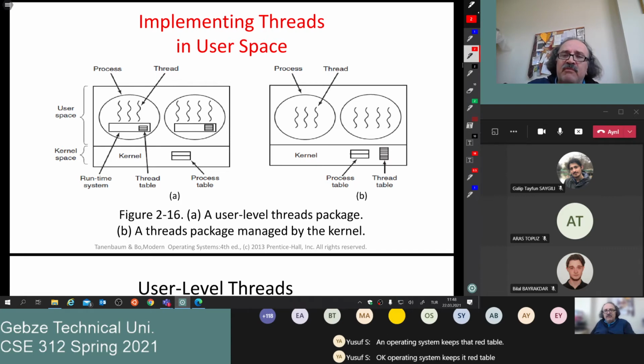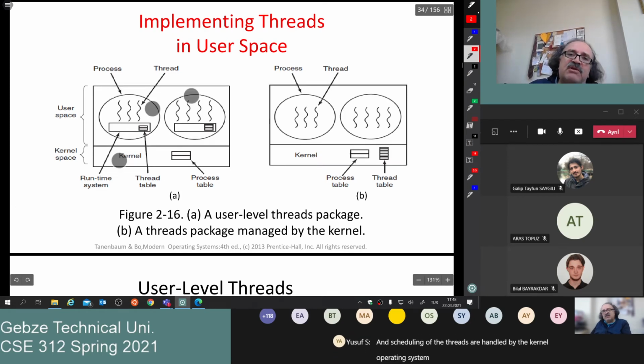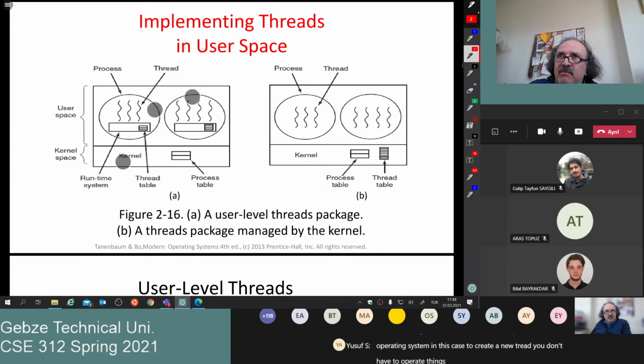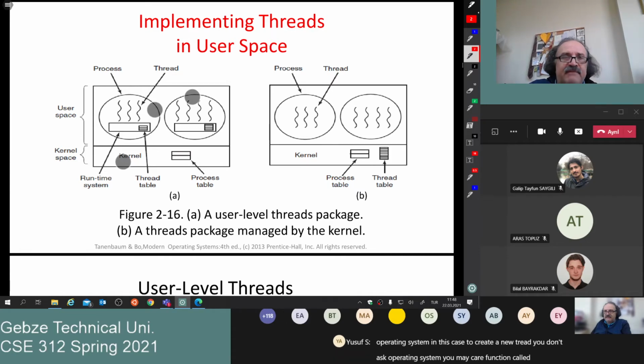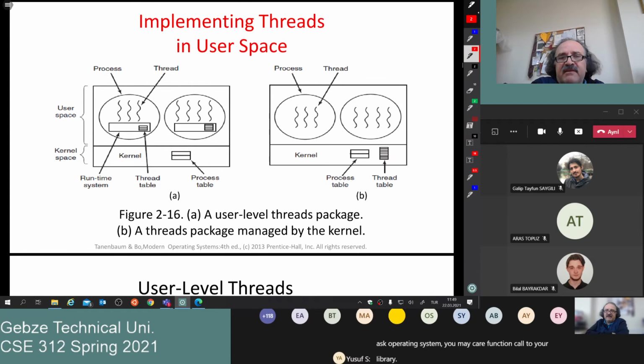So in a kernel level implementation of threads, to make a new thread you need to ask the operating system to make it for you. Thread creation, thread deletion, and scheduling of the threads are handled by the kernel. In the user level case, to create a new thread you don't ask the operating system. You make a function call to your library: make me a new thread.